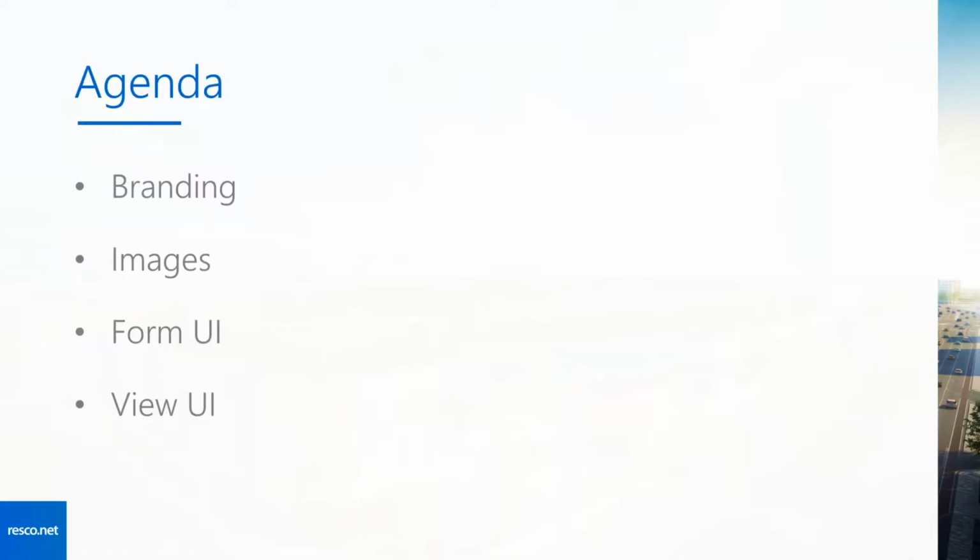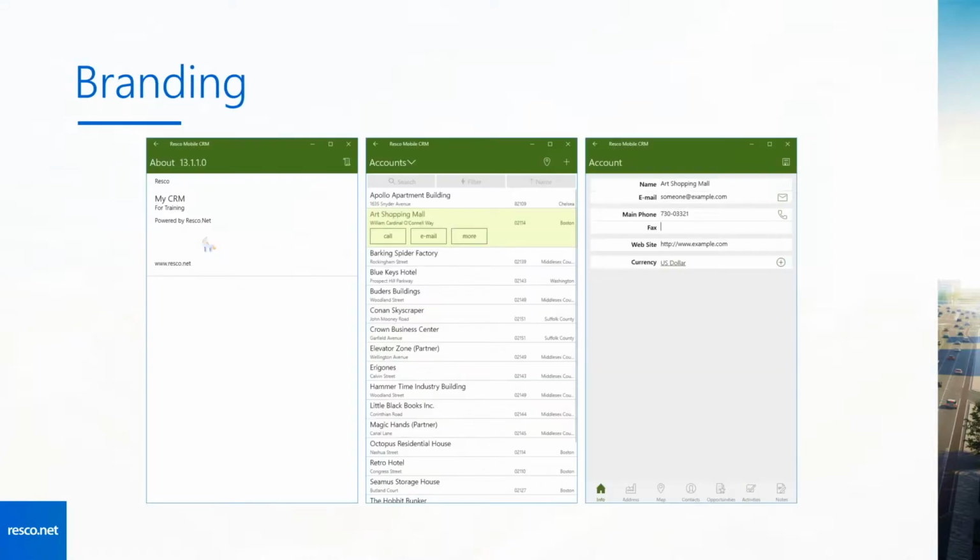Okay. So today we will talk about how to adjust your application according to your company branding. We will talk about images, how to make forms and views as good as you want them to be. So first of all, what we call branding in Woodford is the information in the about part of the application.